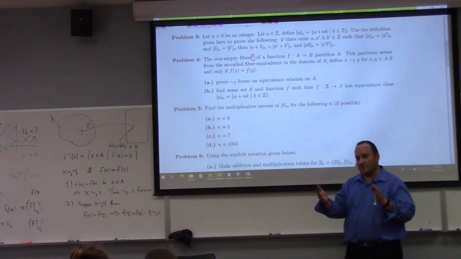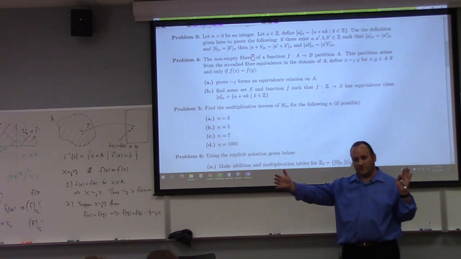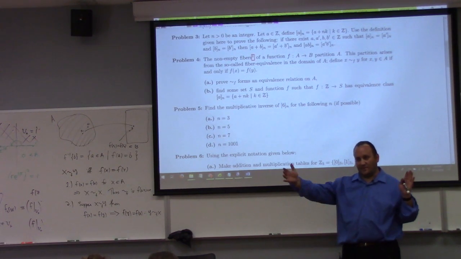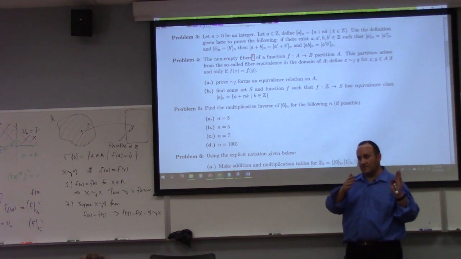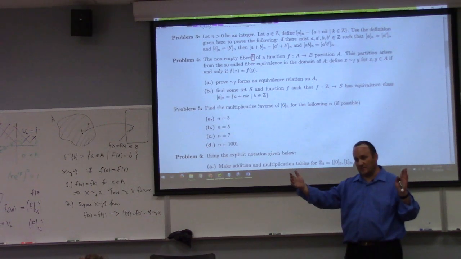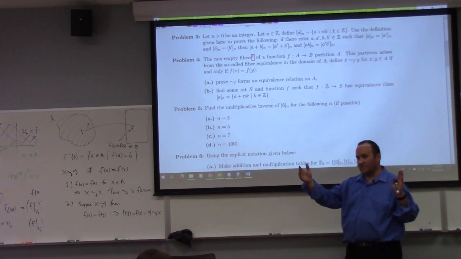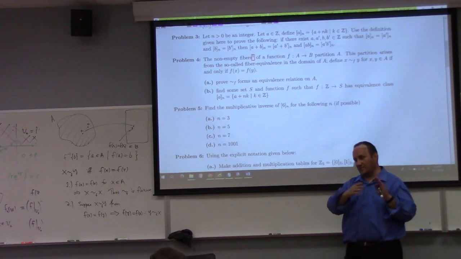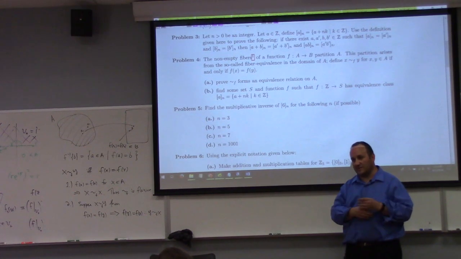If you think about integers, we can partition them into even and odd integers, right? So if you look at that partition, what function takes those as its fiber partition? What function takes everything that's even and maps it to 0? What function takes everything that's odd and maps it to 1? What is that function?